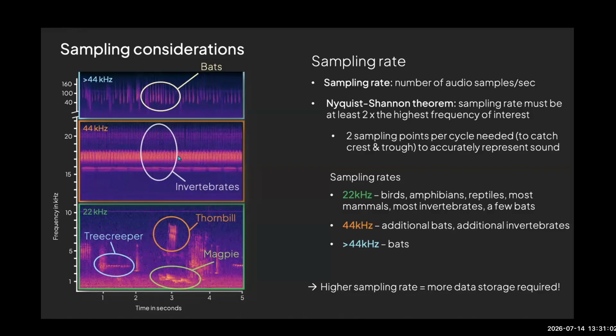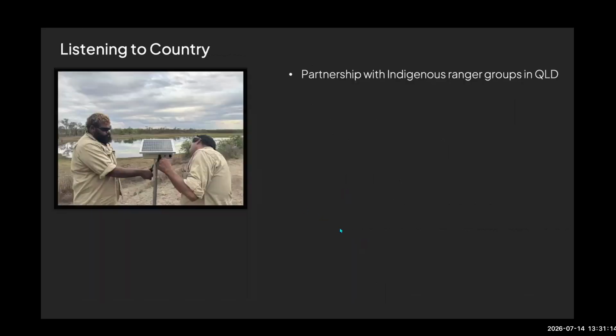Okay, so those are the more general considerations when you're trying to come up with an ecoacoustic monitoring project. And I wanted to dive into what we've been working on, which is the Listening to Country project, a collaborative partnership designed to empower Indigenous ranger groups by bridging the gap between acoustic data collection and actionable ecological management outcomes.